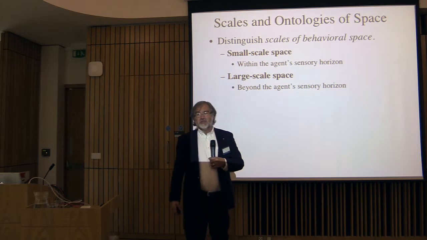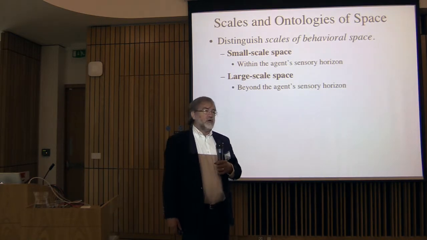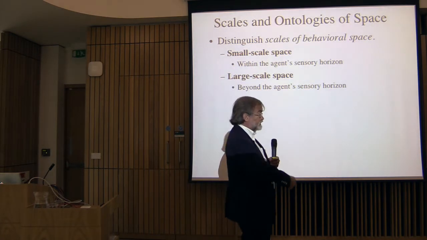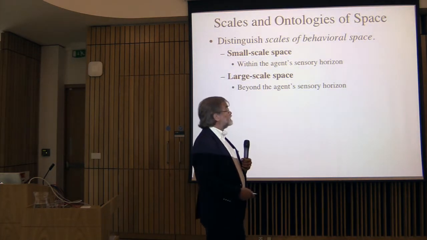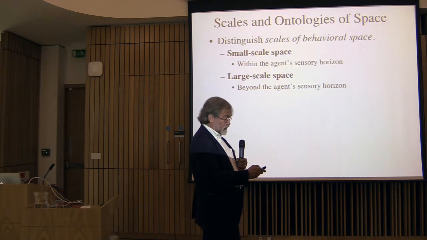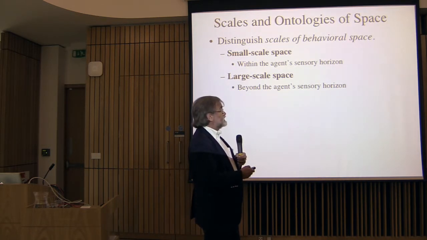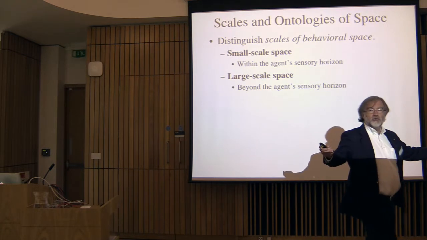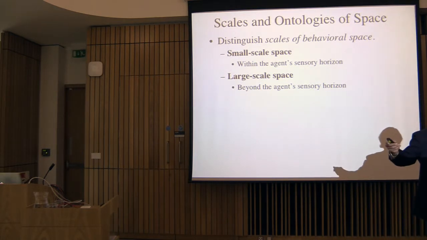Now, there's a couple of conceptual distinctions that are actually going to be important here. And I've referred to these before, but I want to really spend some time on them. Small-scale space I define as space within the agent's sensory horizon. So the space within this room is something that I can explore by simply shifting my point of attention.